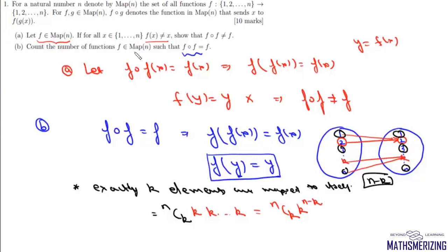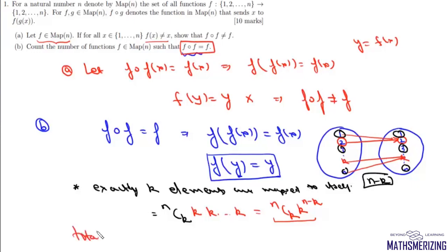So the number of functions such that f of f is equal to f, when exactly k elements are mapped to itself, is nCk into k to the power n minus k. In the beginning of this question, we already discussed that this condition is only possible when at least one element is mapped to itself.